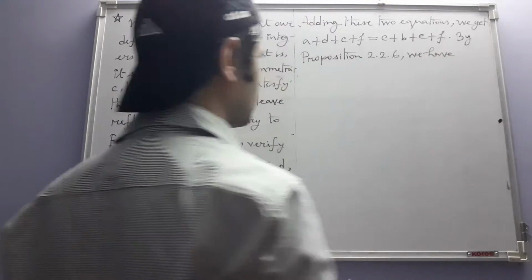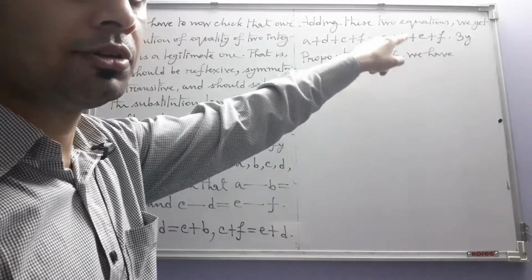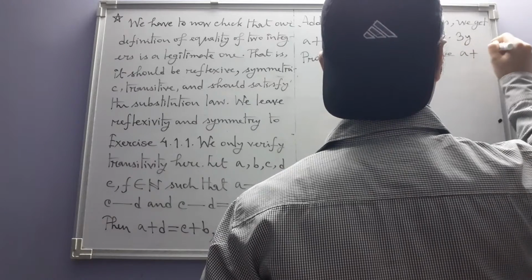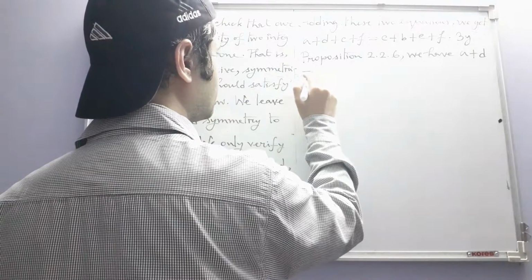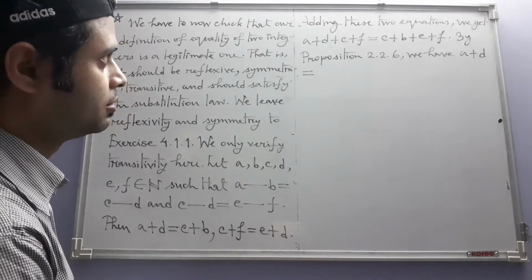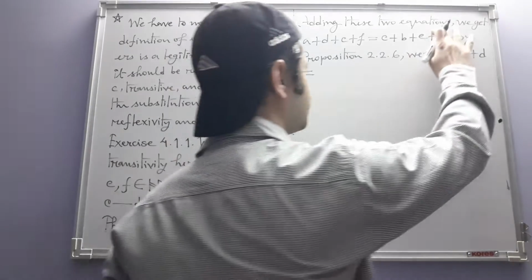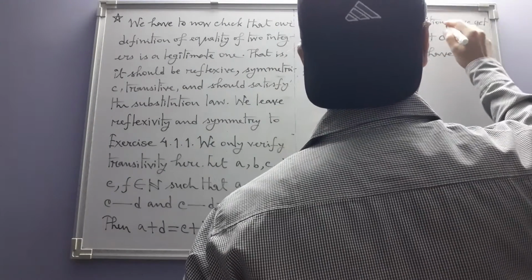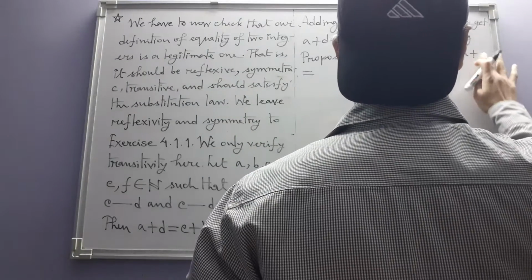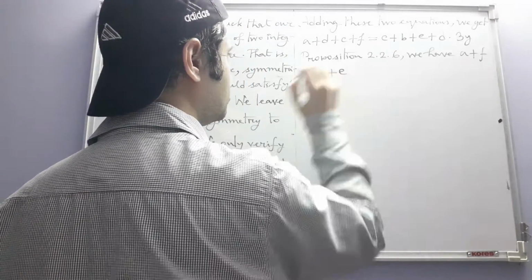So the common terms on both sides are C and D. So if you cancel them, you will be left with A plus F equal to E plus B, or B plus E.